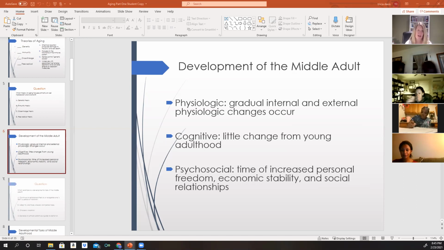That makes them evaluate their achievement goals and their influence in adapting to older age. Physical functions are usually still effective in the younger part of middle adulthood. As time passes, internal and external physiologic changes will start to occur. These are not pathologic changes, but normal changes that result from aging.